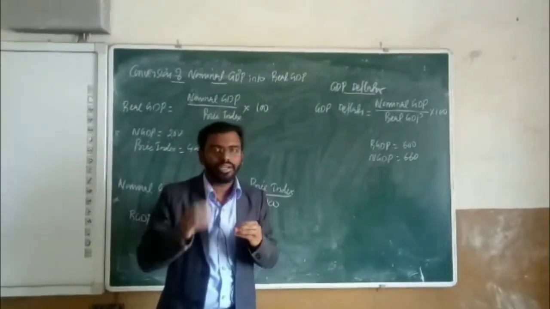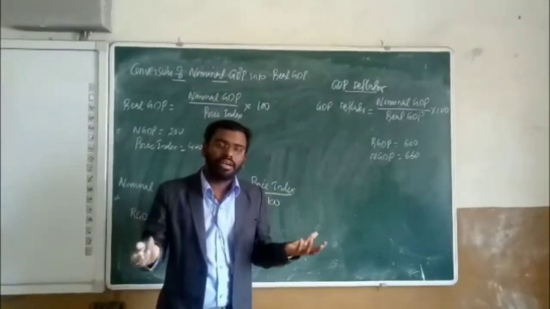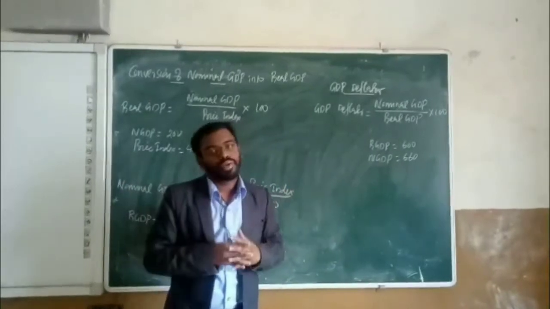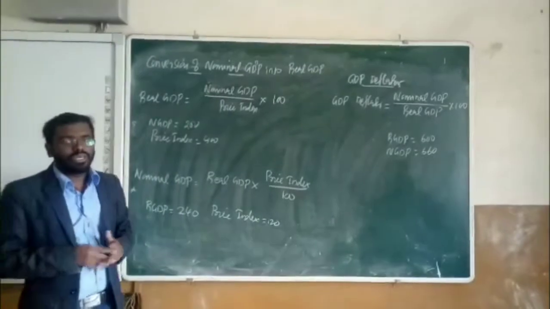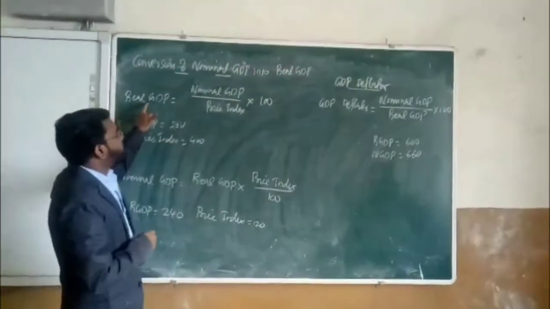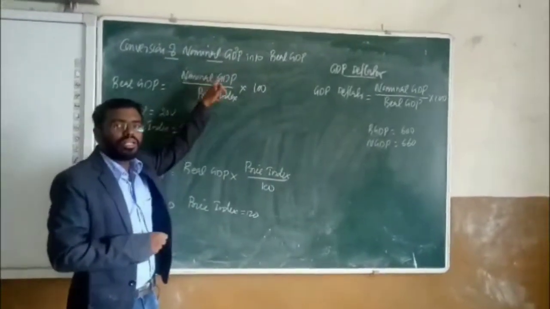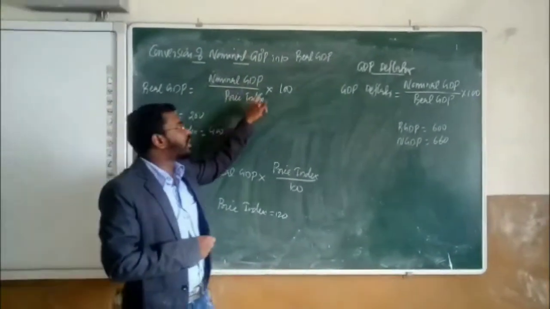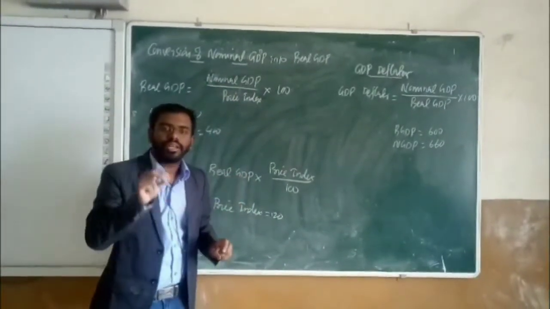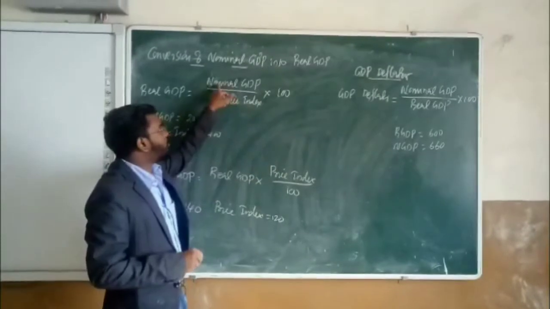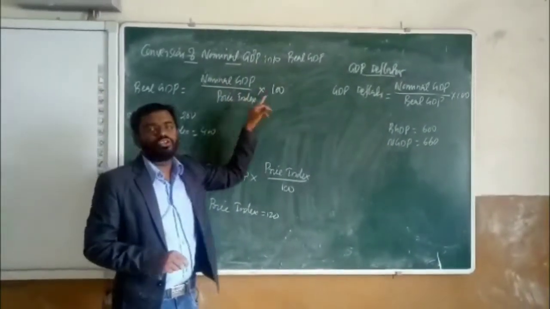In 11th class you studied how to calculate price index, so no need to study that again, because in the question you will get the value of the price index. If we get nominal GDP, then we can calculate real GDP by using this formula: real GDP is equal to nominal GDP divided by price index into 100. Nominal GDP means GDP at current year price.